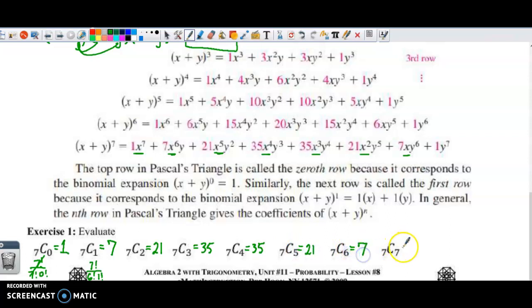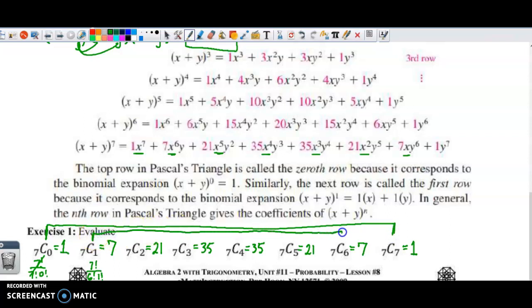Which is part of the reason why I pointed out before that Pascal's triangle is symmetrical, and I've mentioned to you in a previous video that 7C0 is equal to 7C7, 7C1 is equal to 7C6, 7C2 is equal to 7C5, and here as well. And you can work through the arithmetic on that.